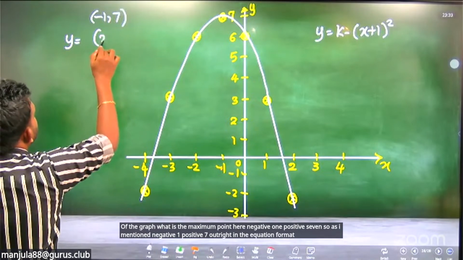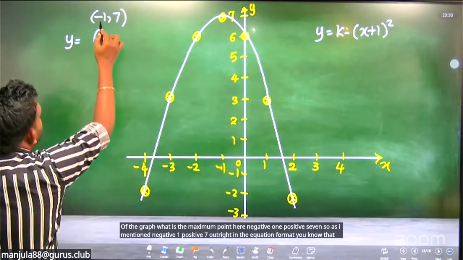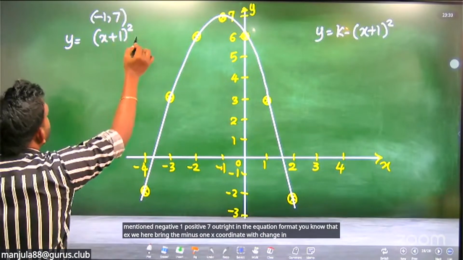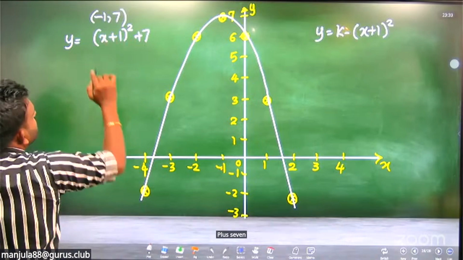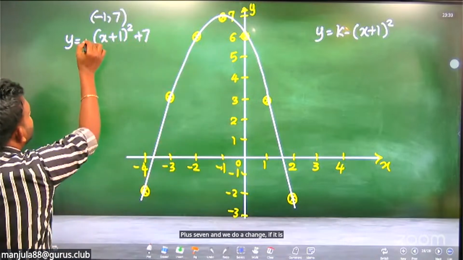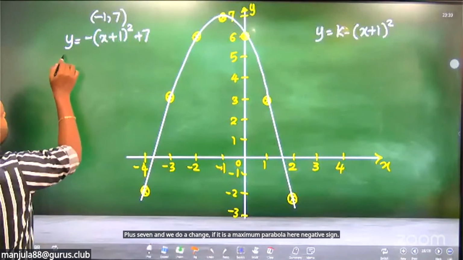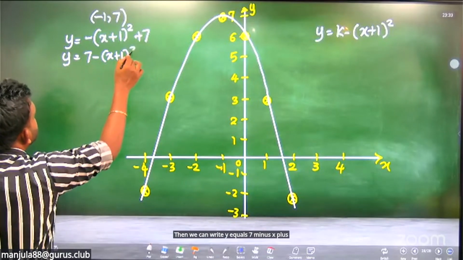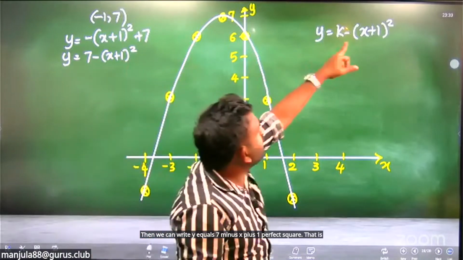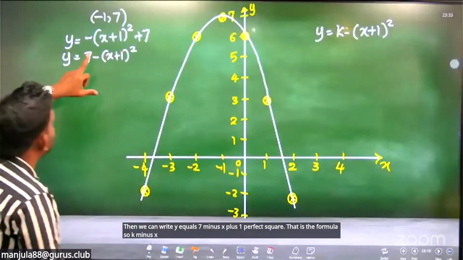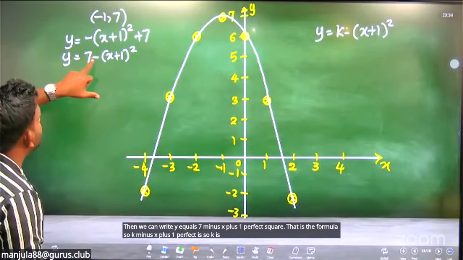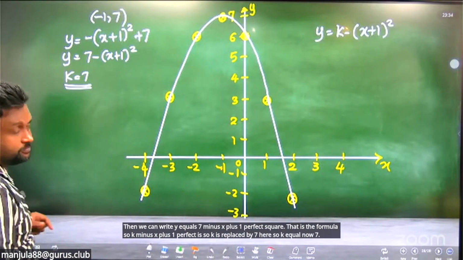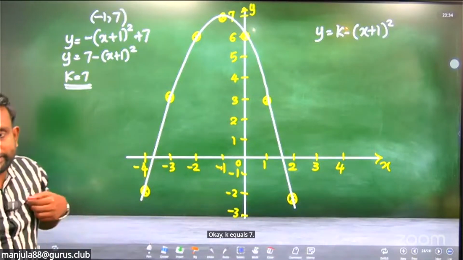You know that x, bring the -1 x coordinate with change in sign, perfect square, +7, and if it is a maximum parabola, here negative sign. Then we can write y equals 7 minus (x plus 1) perfect square. That's the formula. So k minus (x plus 1) perfect square, k is replaced by 7 here. So k equals 7.